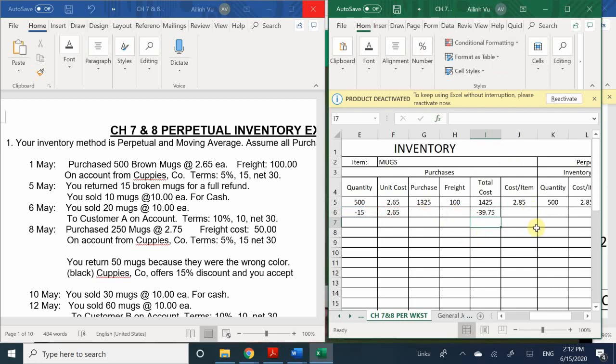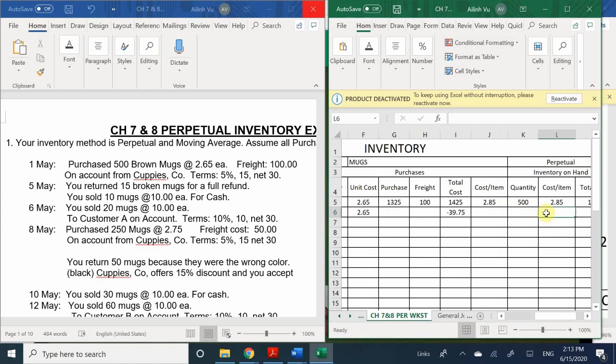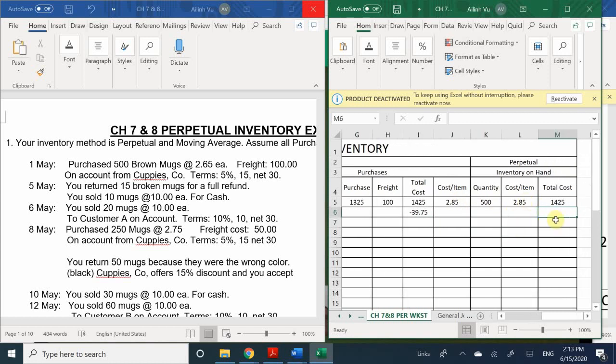So what I'm going to do here is bring it here and subtract the 15. So 500 subtract 15 is 485.